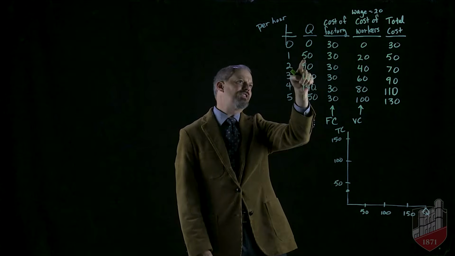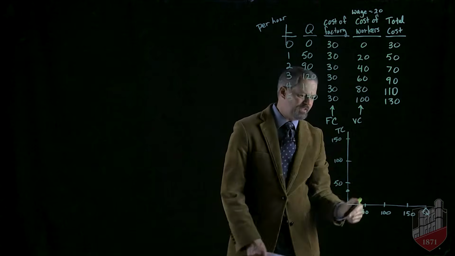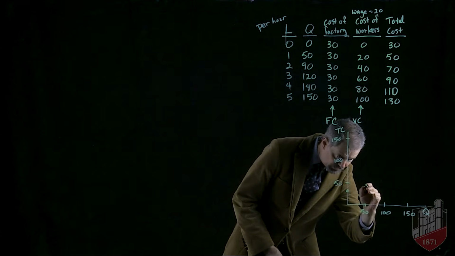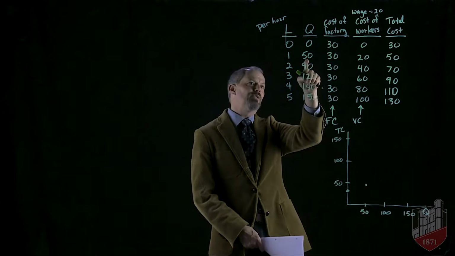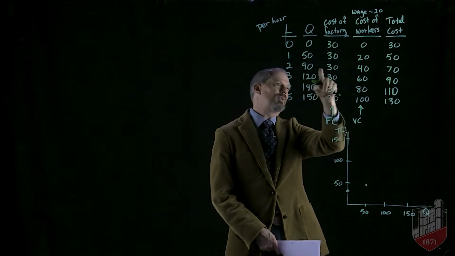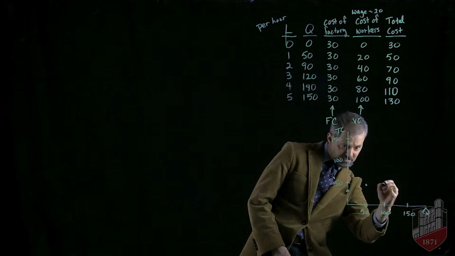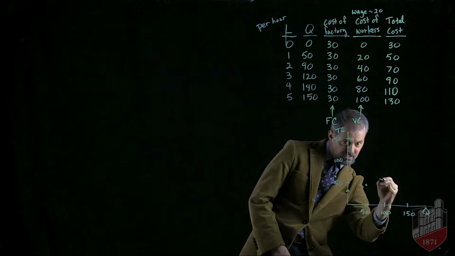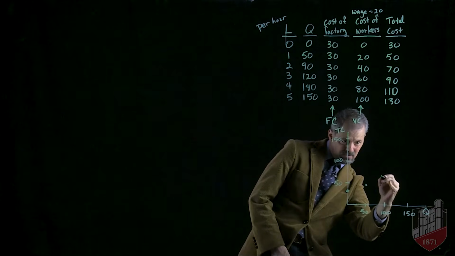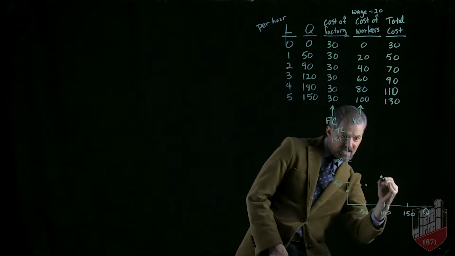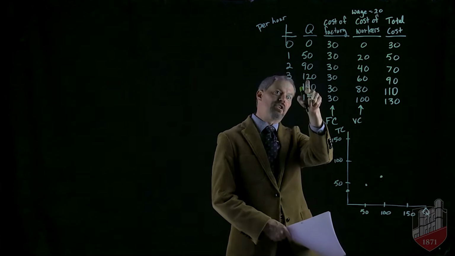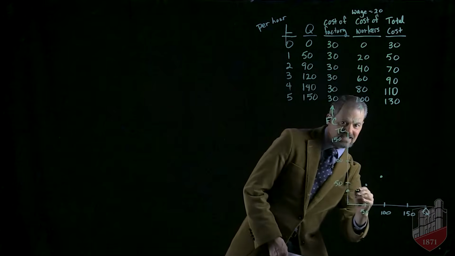If I produce 50 units of output, it costs me $50. So there's a point. If I produce 90 units of output, it costs me $70. So 90 units of output, that's somewhere right here, and 70 would be about like that. If I produce 120 units of output, it costs me 90.